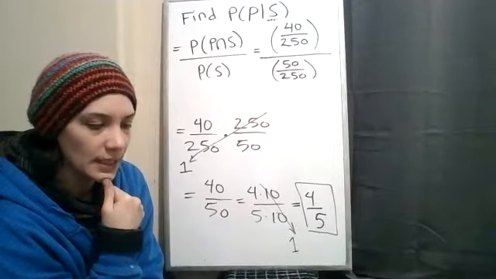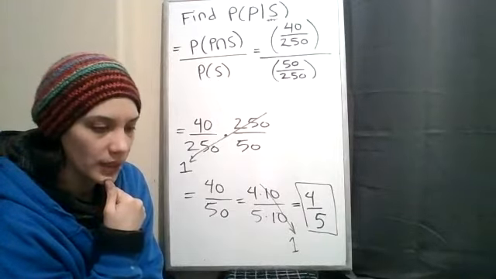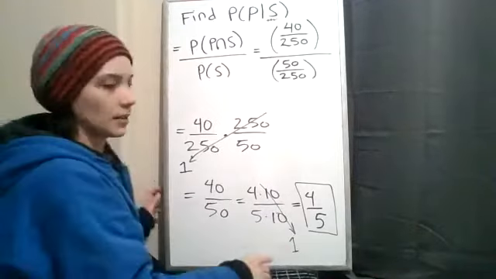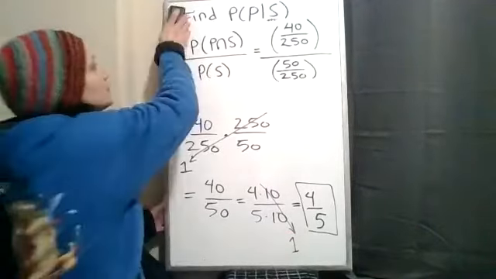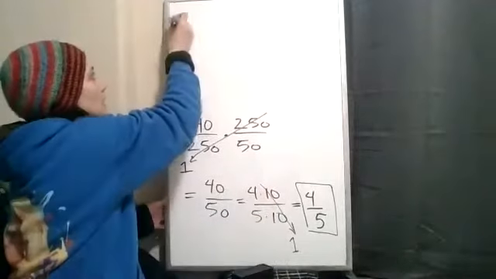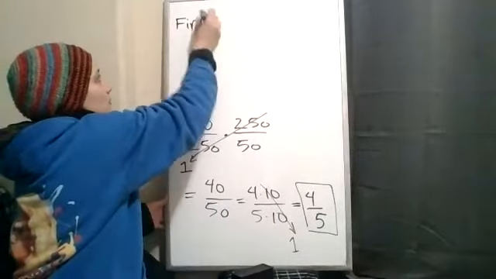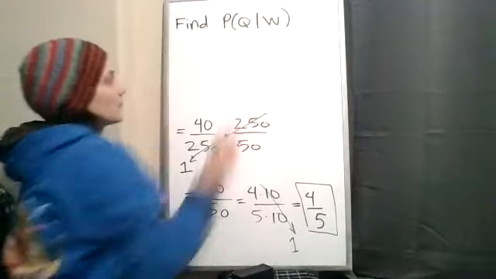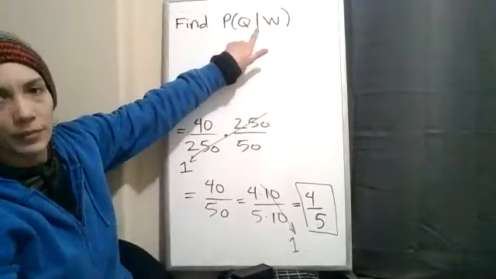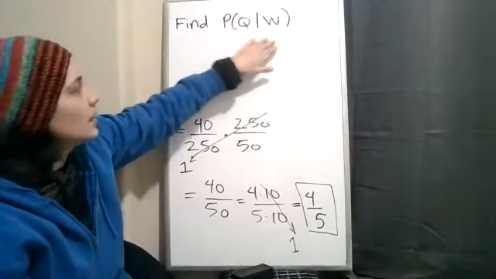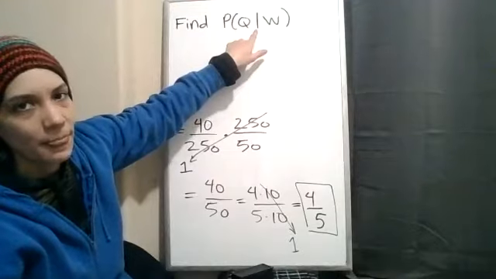The probability of Q given W. Just remember that the separate bar means given in this notation.